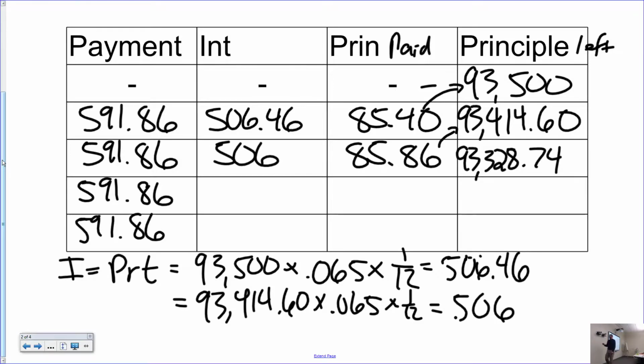Rinse and repeat. It wouldn't be that hard for a bank to do this. They can easily put it in an Excel program. Oh, yeah. And they do. The thing about Excel, though, is that when it displays the numbers, it displays them rounded, but doesn't officially round them. You actually have to muck with the numbers a little bit to make sure that the tenths of a penny are actually removed from the formula.